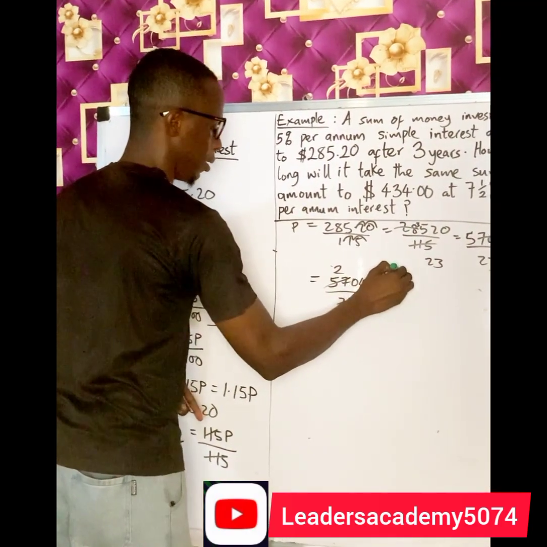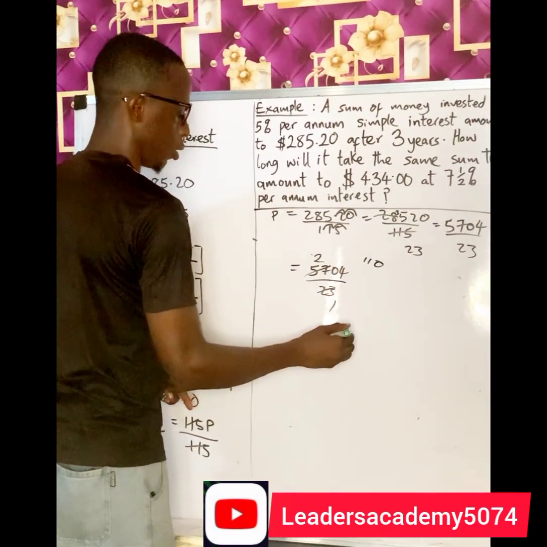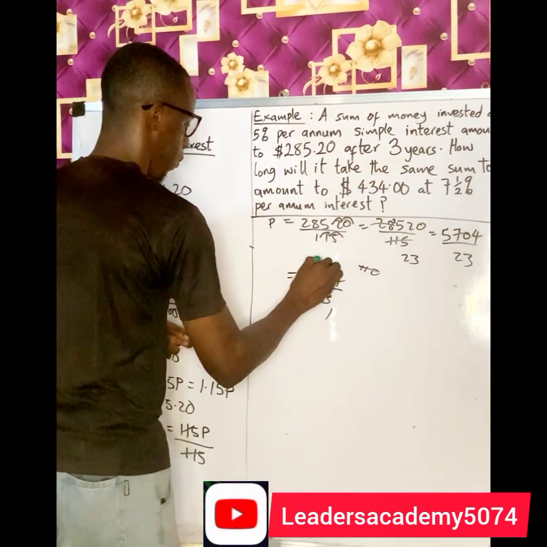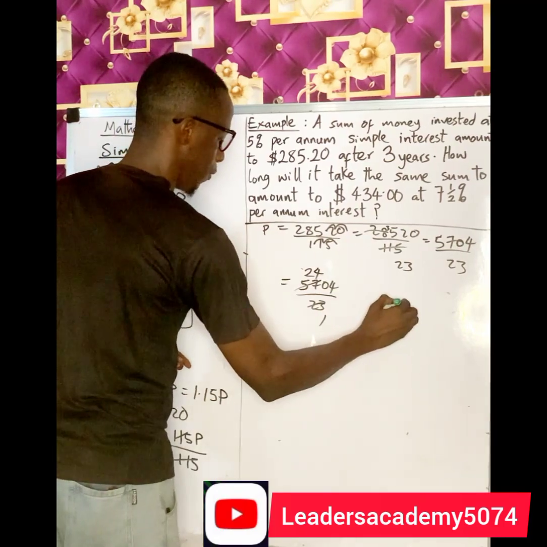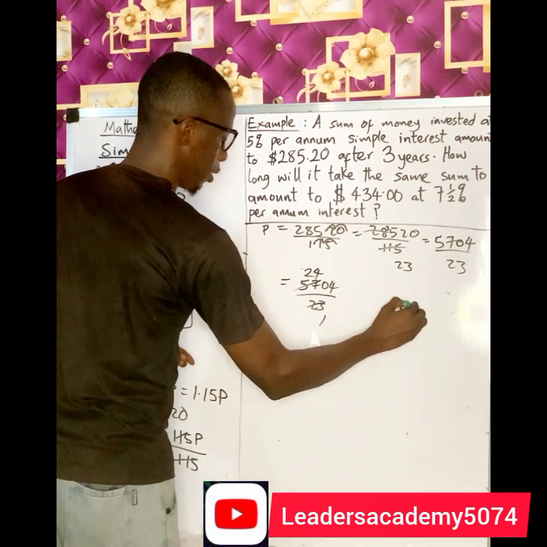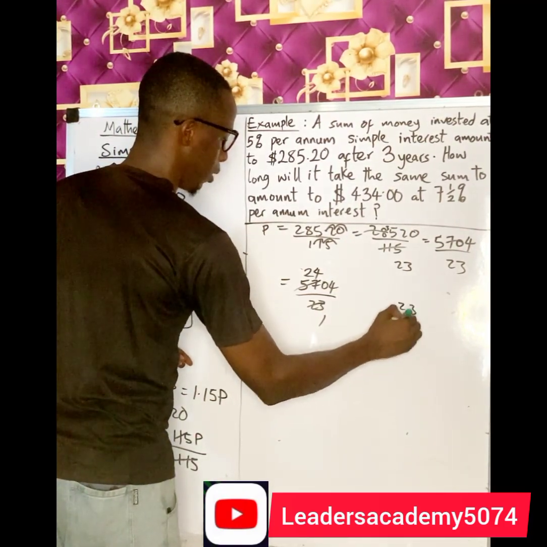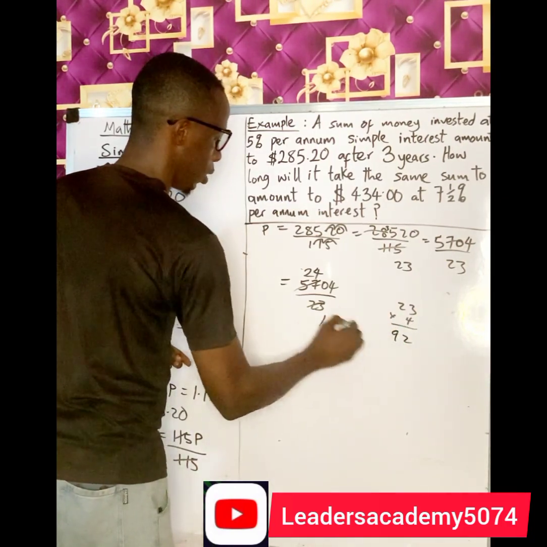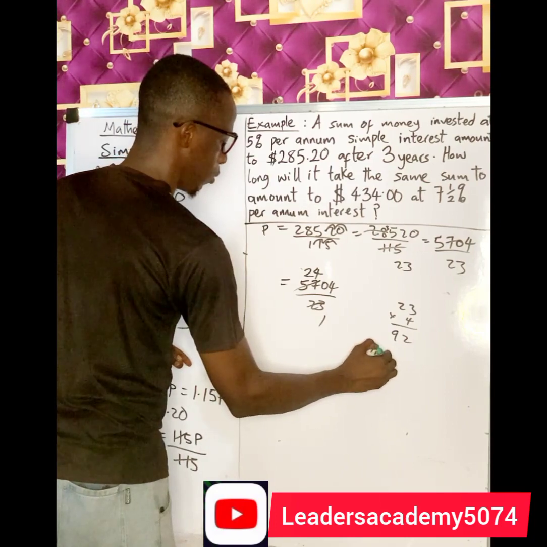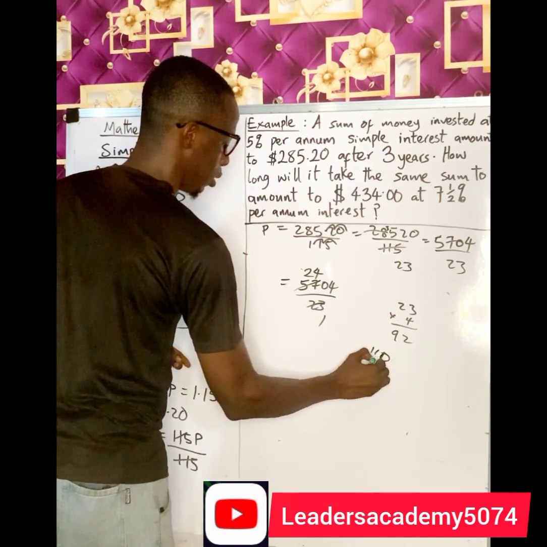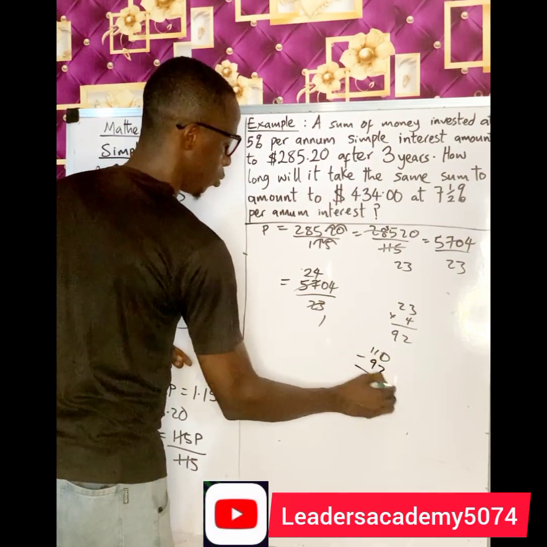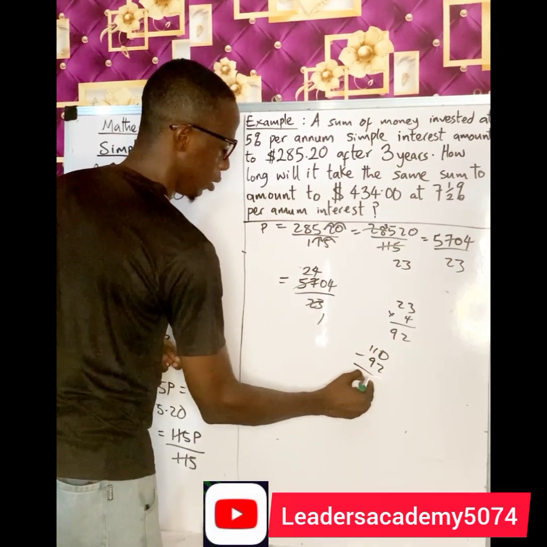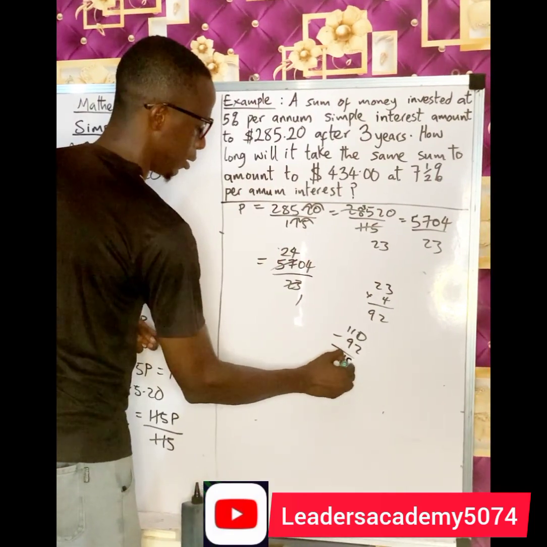Bring down 0, so in 110, 23 times 4 is 92. 110 minus 92 yields 18.